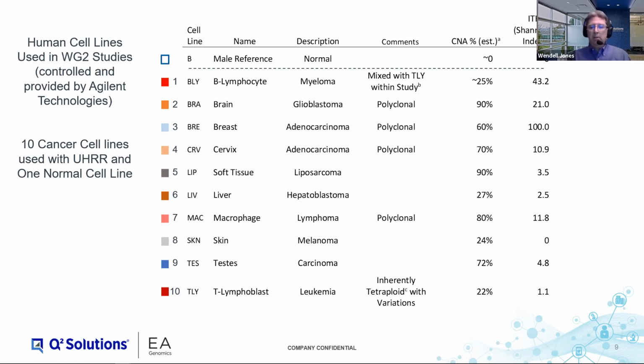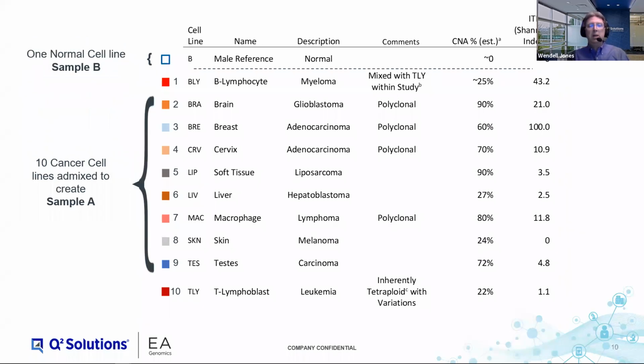The cell lines are distinct in lots of different ways. In addition to different tumor sources that are going to be used to admix to create our reference sample A, as we like to call it, we see that, for example, they have varying levels of copy number alterations. So some, like the liposarcoma and the brain cancer, it's almost like the vast majority of positions are under copy number influence, whereas others, for example, like the melanoma and some of the blood cancers, have relatively little copy number changes.